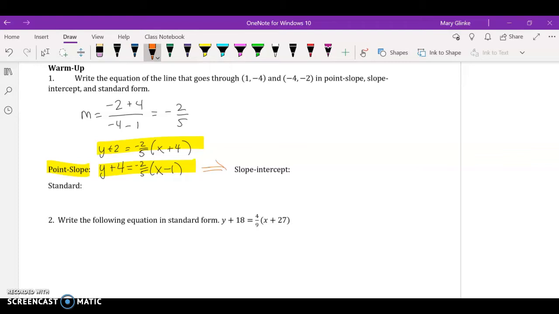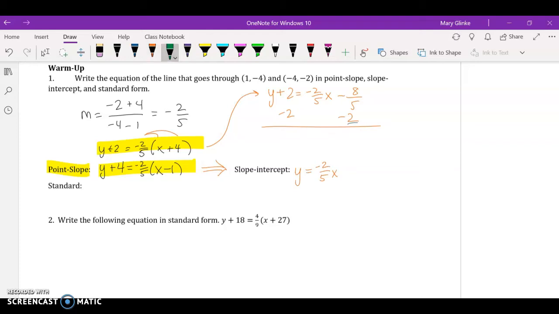What we're going to do is take point slope form and transition into slope intercept form. I'm just going to pick one of these and say y plus 2 equals negative 2/5. What I'm going to do right here is distribute that slope to everything. So I get negative 2/5 x minus 8/5. Then I'm going to subtract 2 from both sides and I get y equals negative 2/5 x.